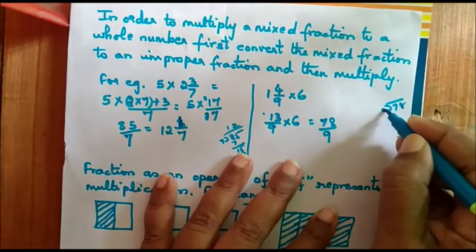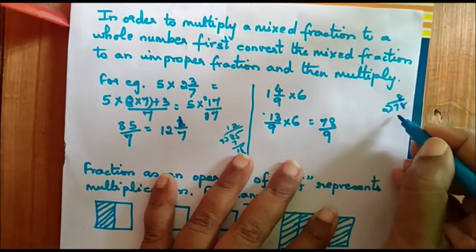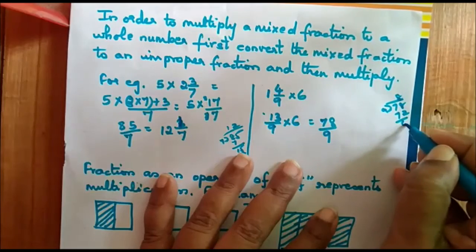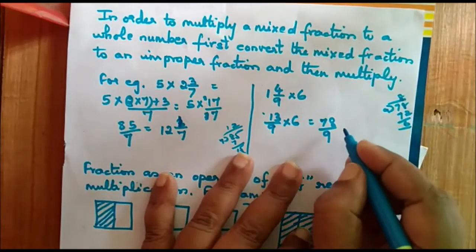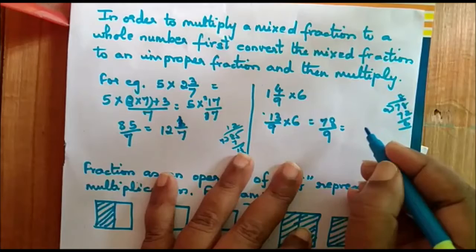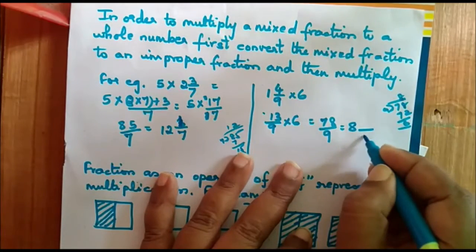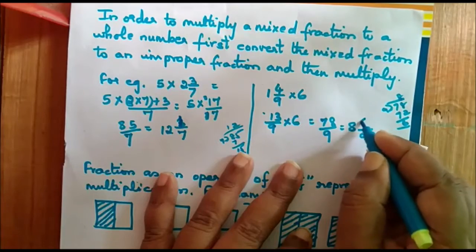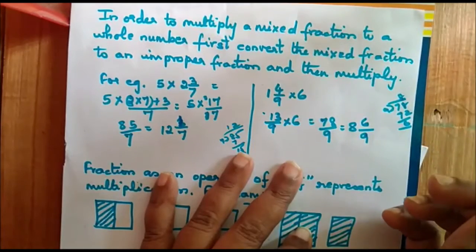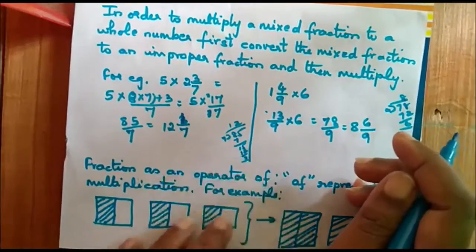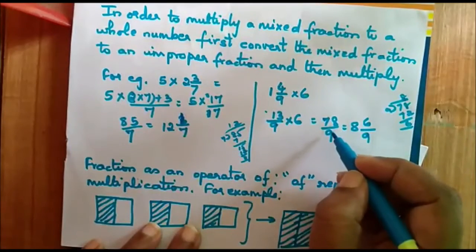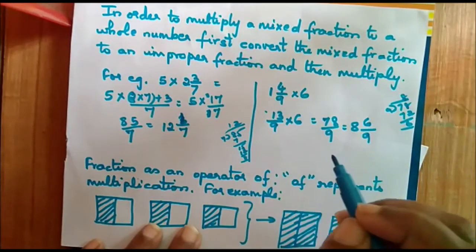How do we do that? 9 will go in 78 8 times. So your remainder is 6. I hope you all got it. This is how we represent an improper fraction as a mixed fraction.